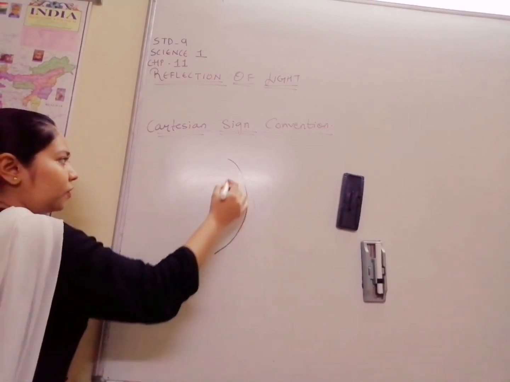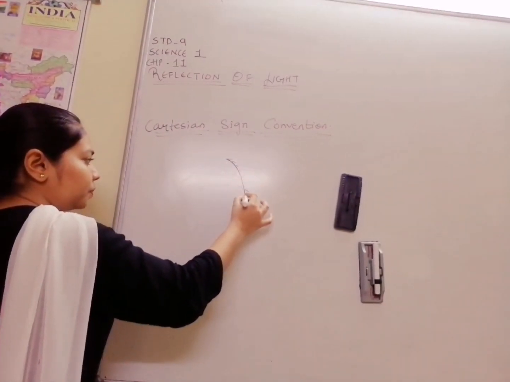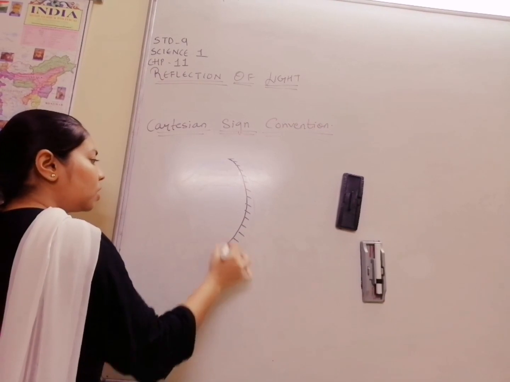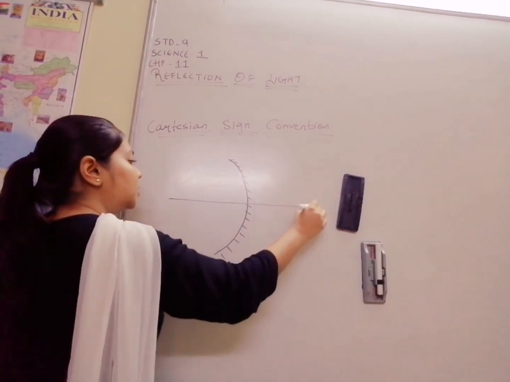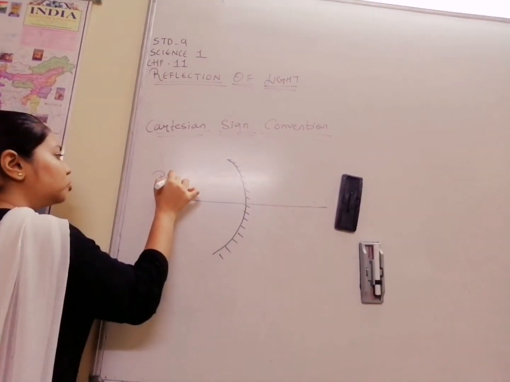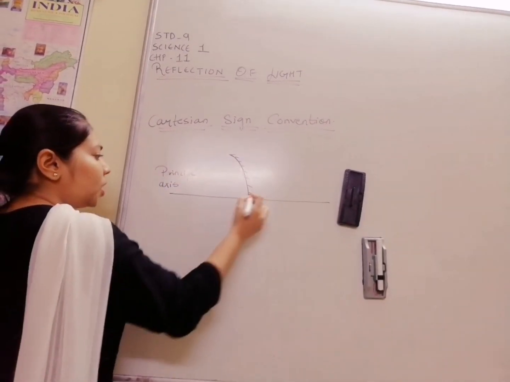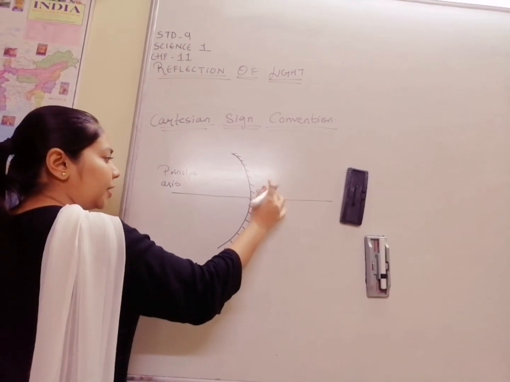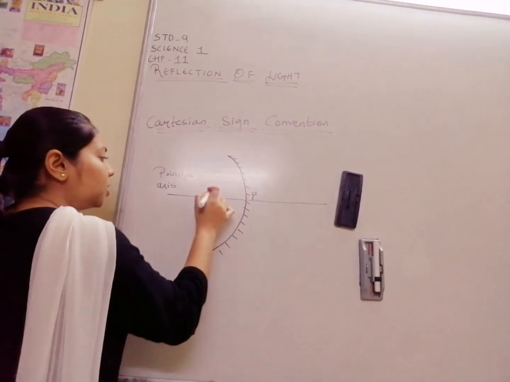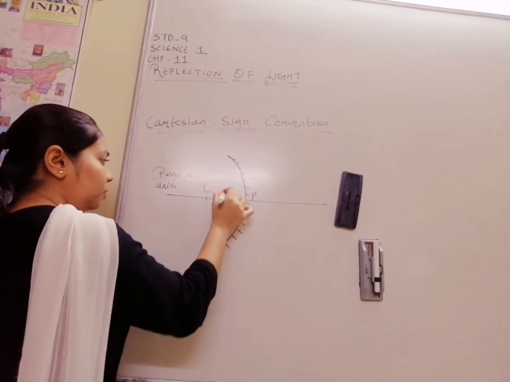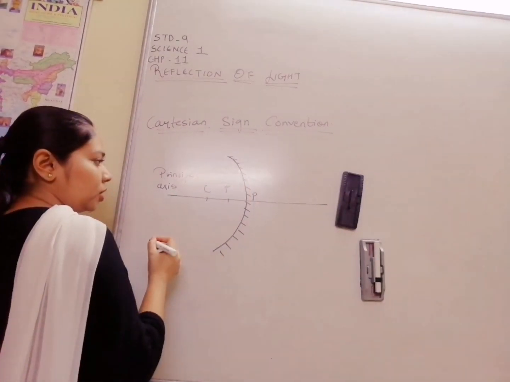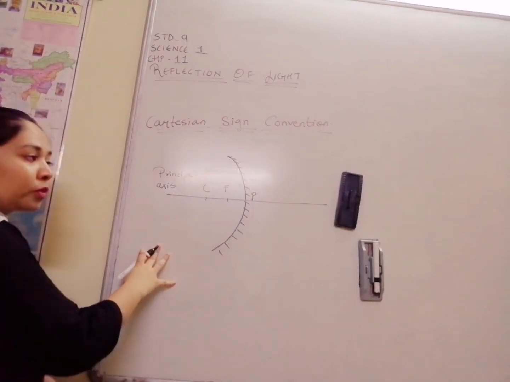I am drawing one concave mirror. This will be my principal axis, as usual, you all know. This is my pole, that is capital P, I am not writing it. Center of curvature, principal focus. Okay, clear?